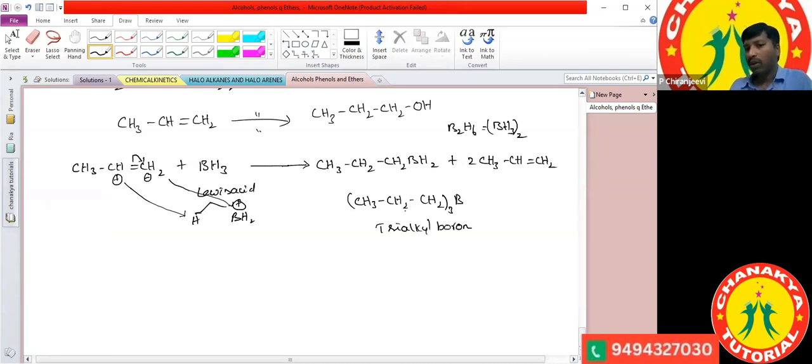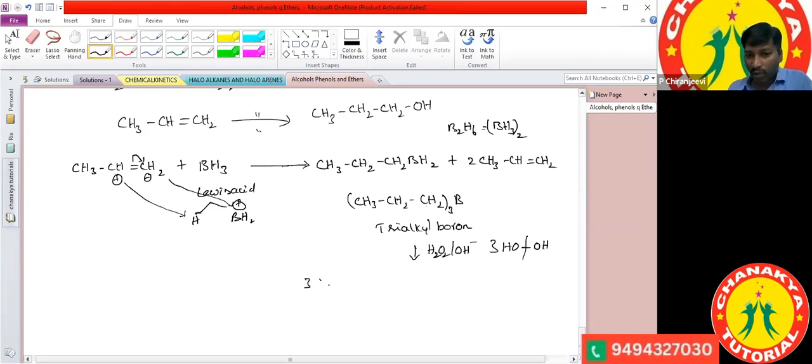boron. Okay. Again, trialkyl boron is treated in the presence of peroxide. What is the structure of the peroxide? H-O-O-H. If the hydrogen peroxide undergoes symmetrical cleavage, on this side you will get one OH and on this side you will get one OH. If you take 3 moles of the peroxide, 3 OH groups are attached to the 3 alkyl groups.